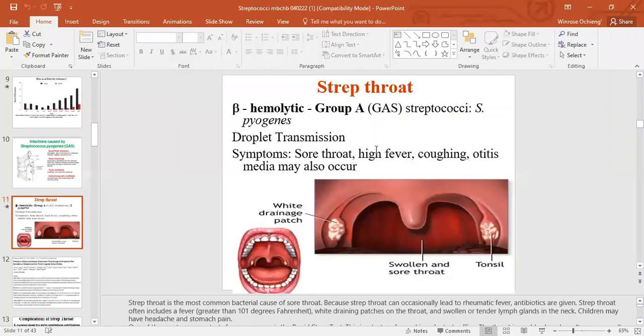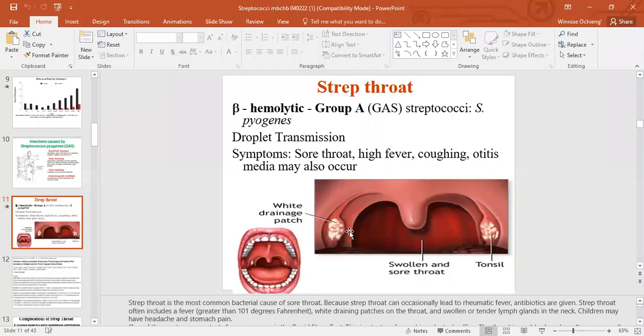So streptococcal throat infection. We have the symptoms. Most of the time it affects children, and even us grown-ups. Most of the time, the transmission is through droplets. When we get the droplets, they are able to go to our upper respiratory tract and cause an infection in the mucous membrane.